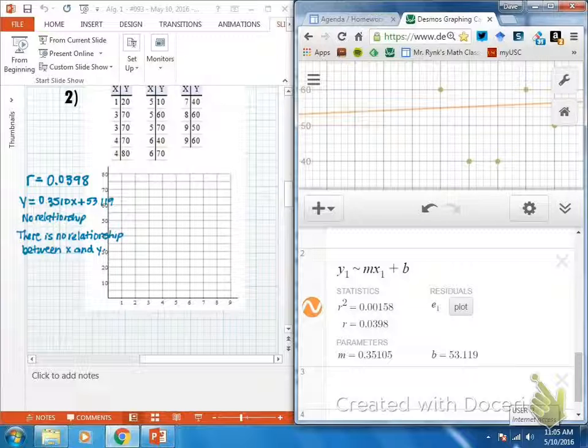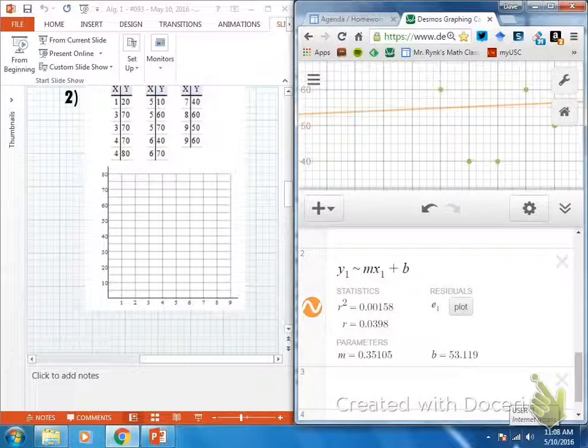Okay, so number 3. Let's take out our notes. Get your Desmos ready also.